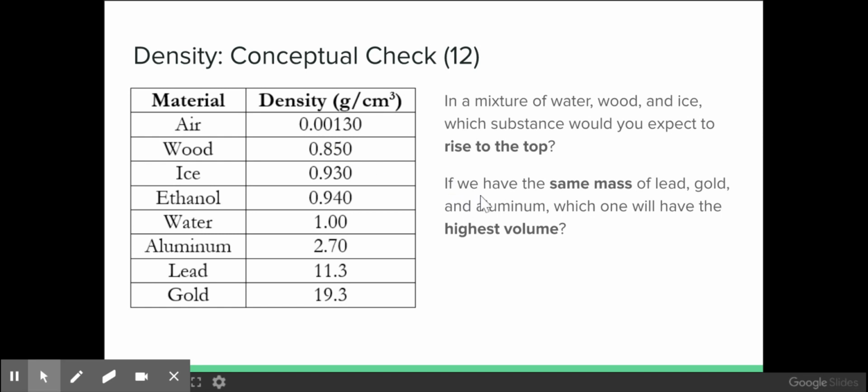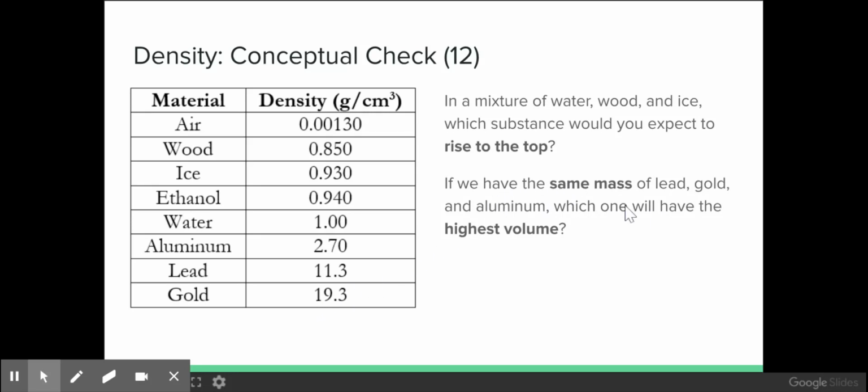Here's a good conceptual question. If you have the same mass of lead, gold, and aluminum, which one will have the highest volume? Take a moment, and I want you to think about that, and we'll go over the answer. All three of these metals are at the bottom of the table.